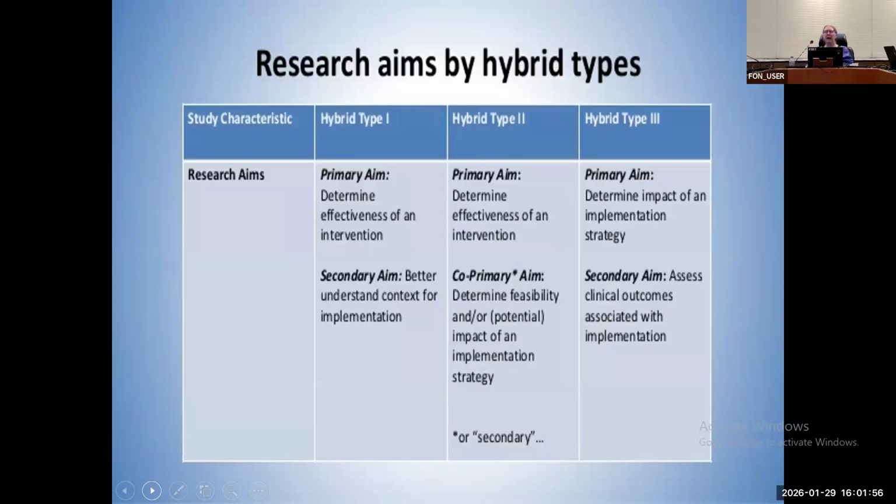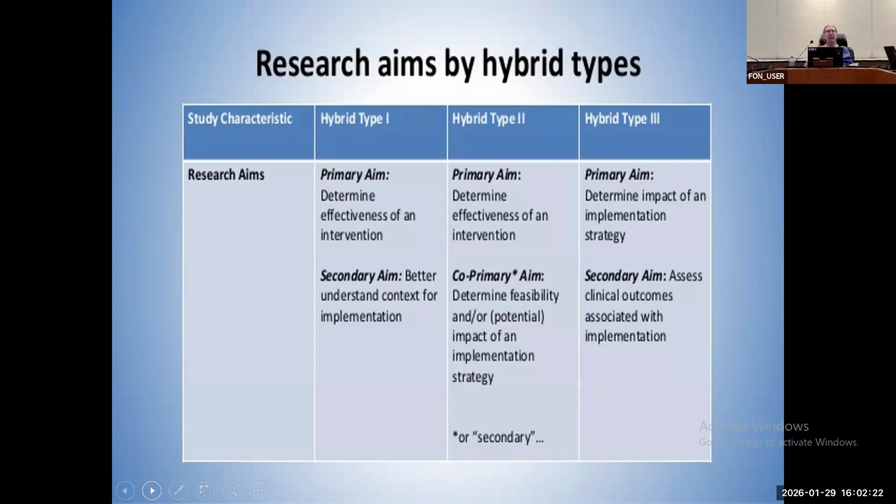So this is really giving you what I just said, but looking at research aims. The primary aim in the hybrid 1 is to determine the effectiveness. The primary aim for hybrid 3 is determining the impact of implementation strategy.